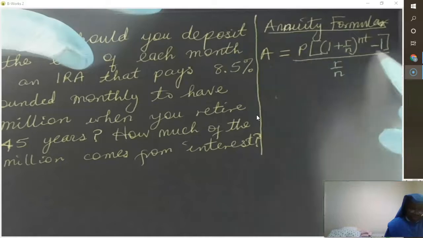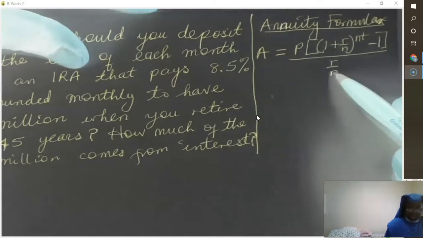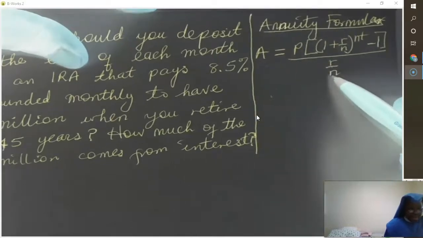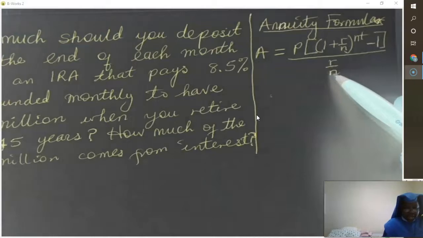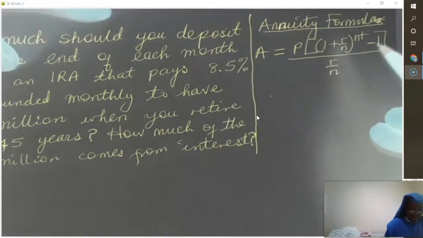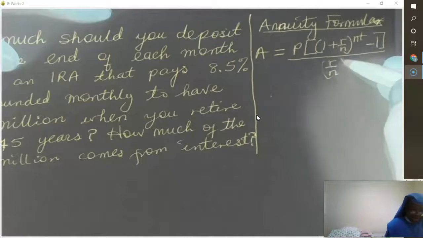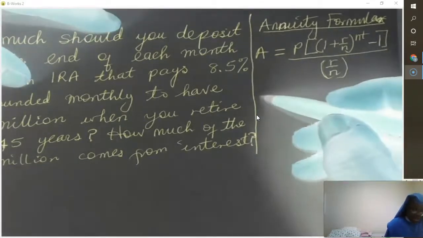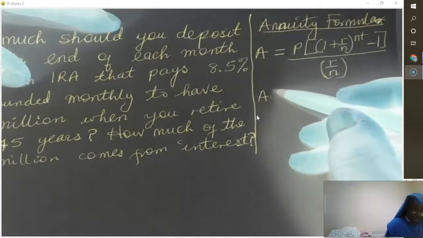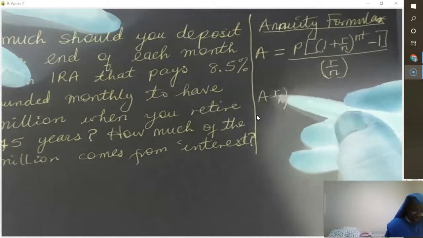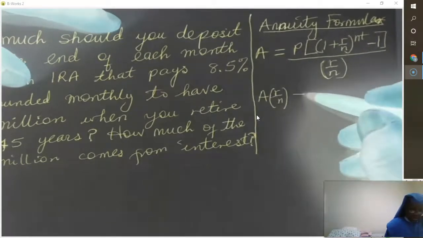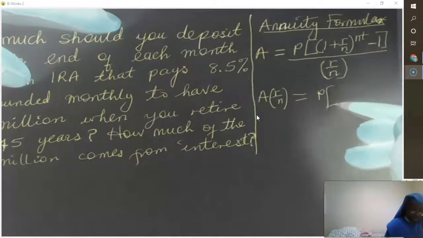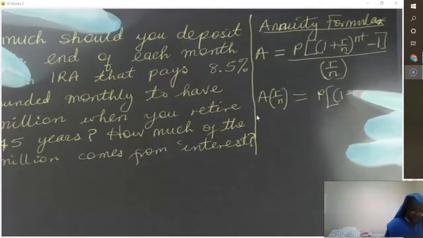If we have a fraction, the first thing we can do is get rid of the fraction by multiplying both sides by the denominator. Multiply every term by the denominator. If we multiply both sides by r divided by n, that would be A times r over n equals P, then 1 plus r over n, and we write everything else.